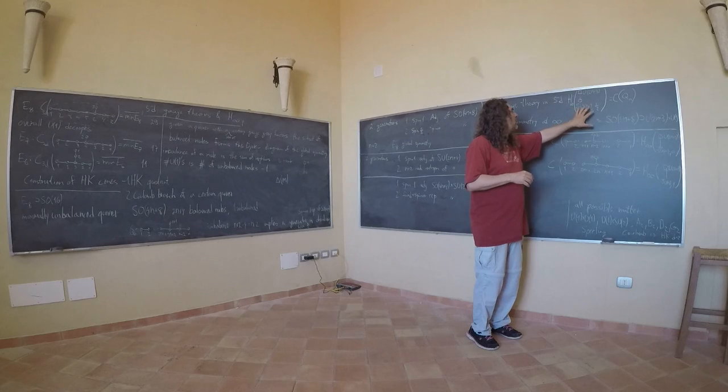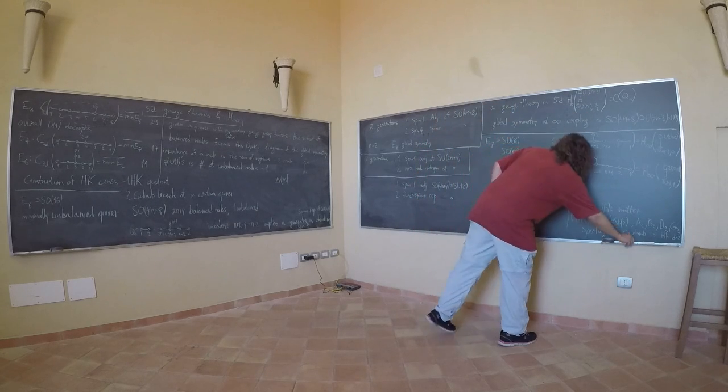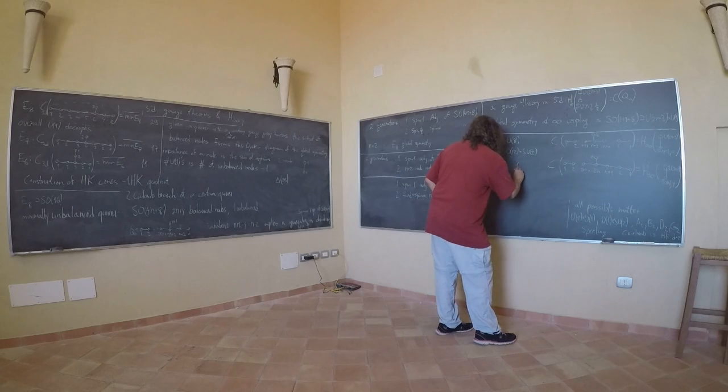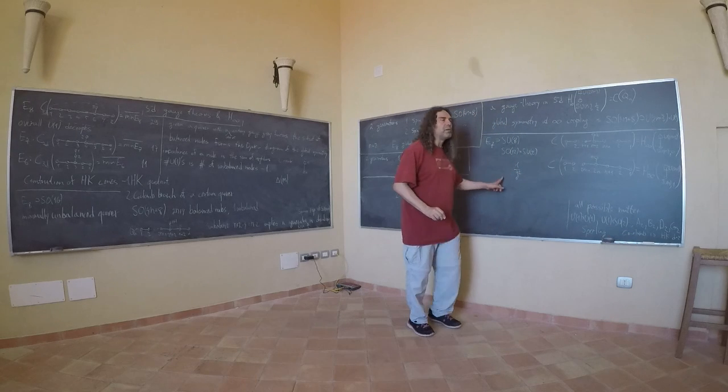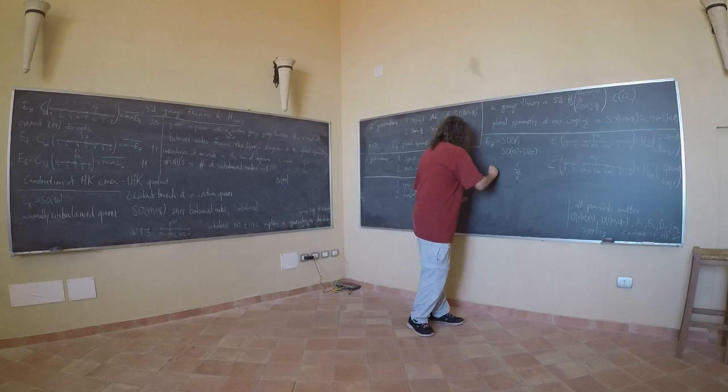Let me just say that whenever I have such a gauge theory, there would be a natural object which has a mass 1 over g squared. Since I'm in 5 dimensions, 1 over g squared has dimensions of mass, and you would call it an instanton.